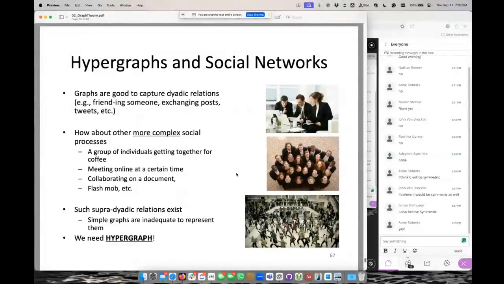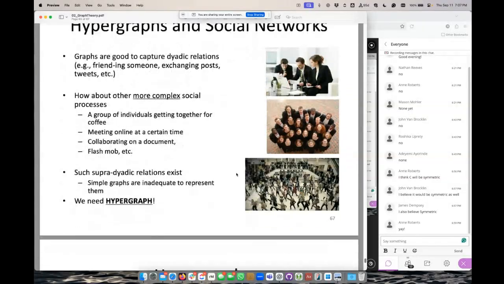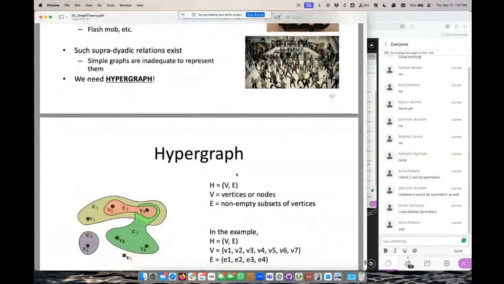In more complex settings like mobs or crowds, large groups, social movements, protests, where individual or pairwise relationships are definitely not adequate to represent the whole dynamics, the whole complex situation, complex networks, then you definitely need hypergraphs for that, right? If you want to do much more complex analysis.